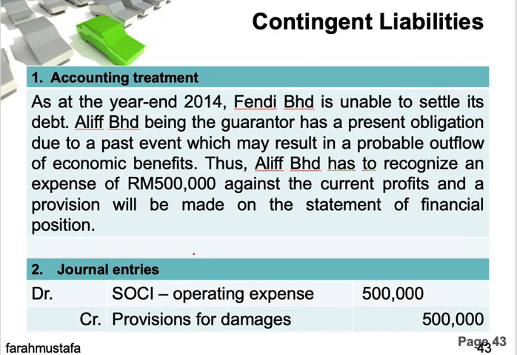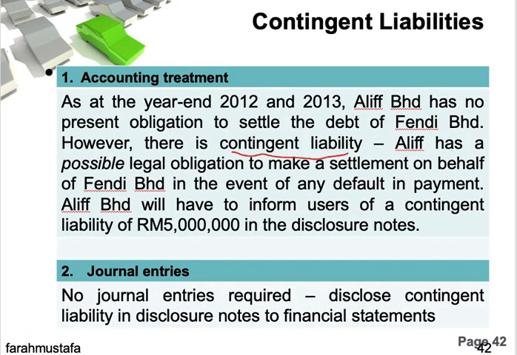Okay, Fendi. As at year end 2014, Fendi is unable to settle the debts. So Alif, being the guarantor, has a present obligation due to a past event. So you see the difference here. As at the end of years 2012 and 2013, Alif did not have the obligation.